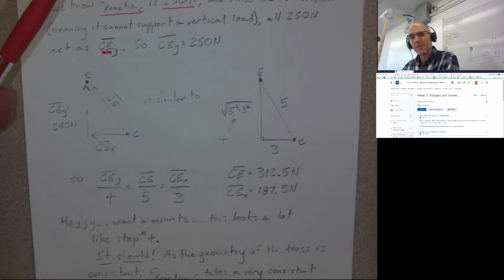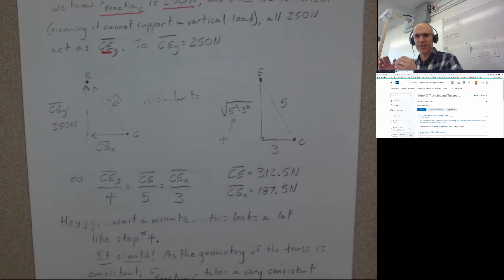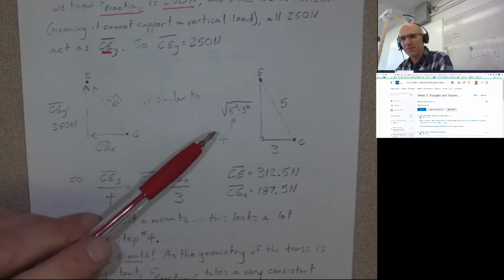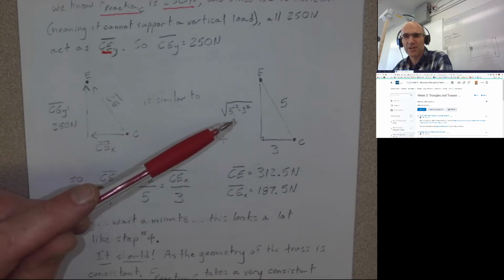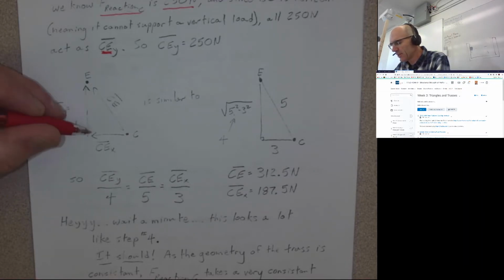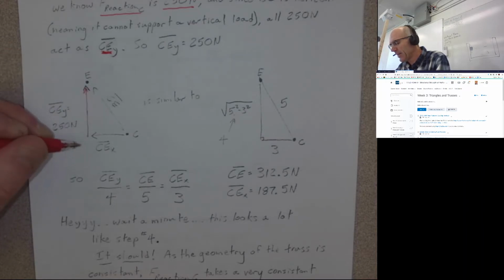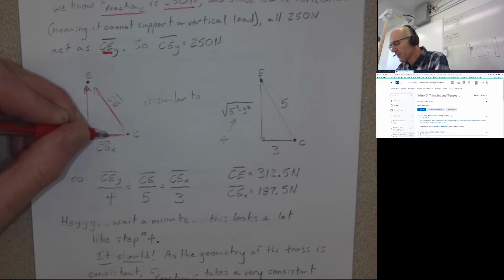If you have different shapes, if I give you a tricky one where the triangles aren't all similar to each other, if you have some different shapes in your truss, then of course this would be a different calculation each time and different ratio of vectors, but the rules and the steps and the process would be exactly the same. Okay, so CEY is 250 newtons pushing up on point E. So we're going to calculate the overall force in that vector and the horizontal force in that vector.